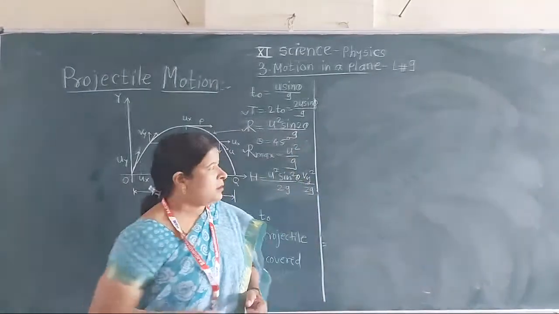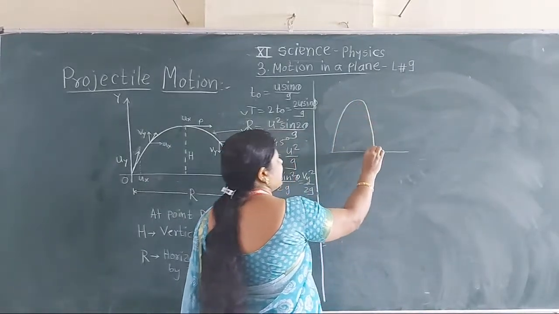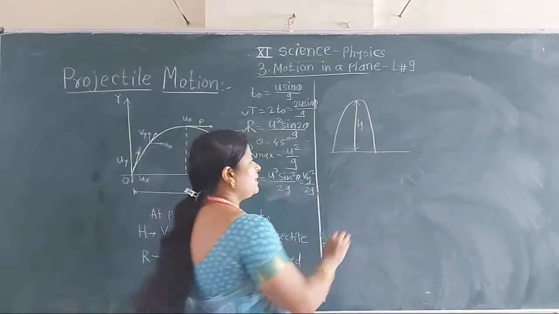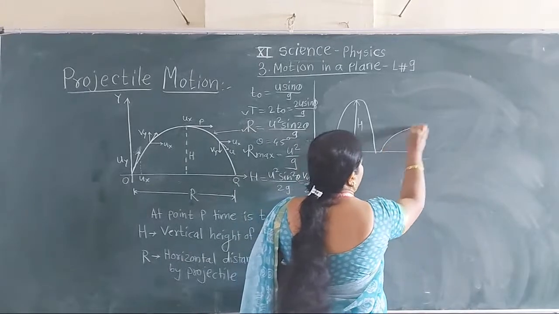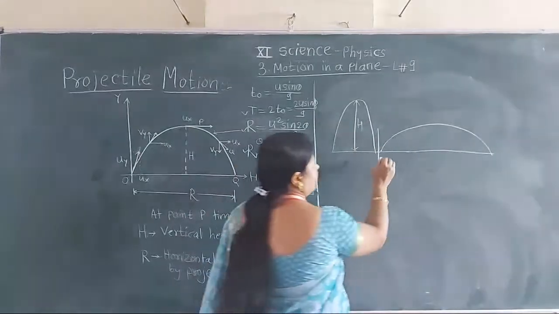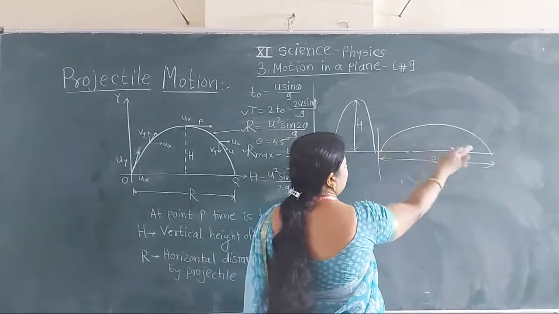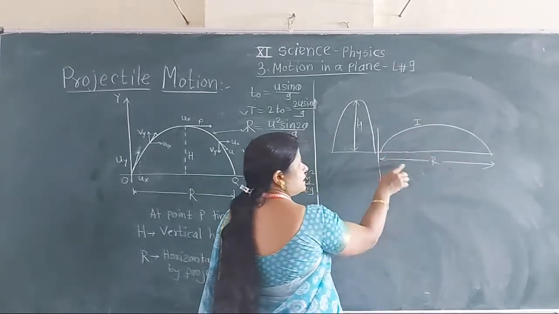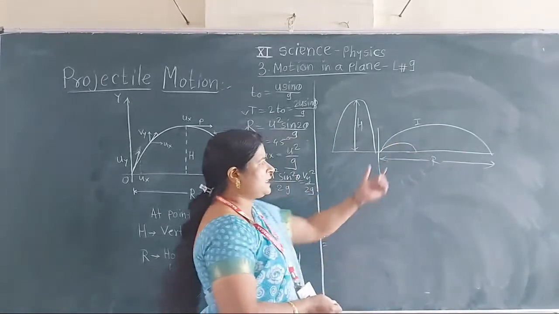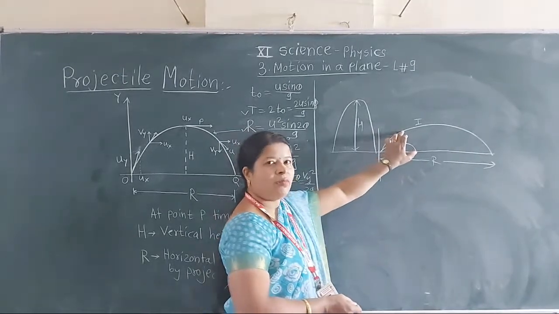For example, maximum height, that means if the projectile is like this, this is the maximum height of the projectile. If the second projectile covers this distance, then this is the range of that projectile. If the first projectile covers this distance, then its range is maximum, and the second projectile covers up to this distance, then this projectile has a minimum range as compared to first.